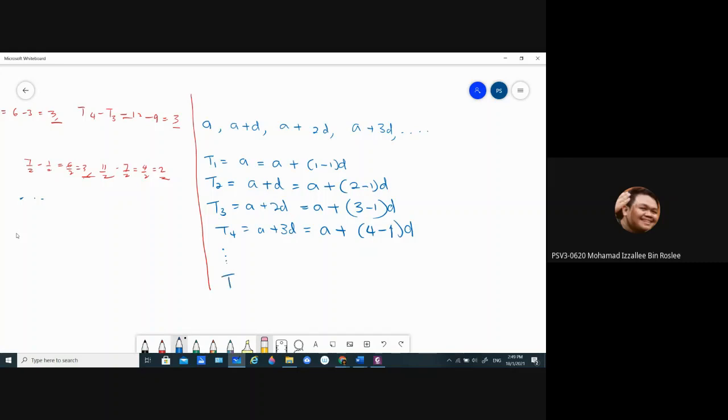So, what is our term N? A plus (N minus 1)D.